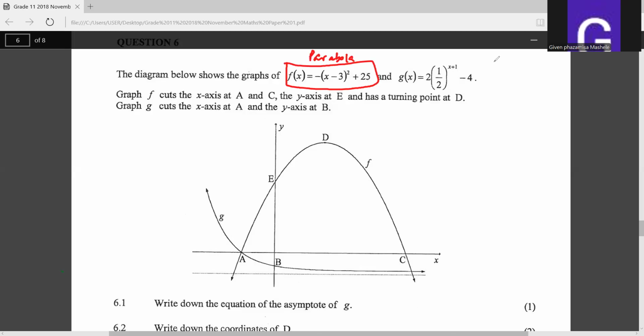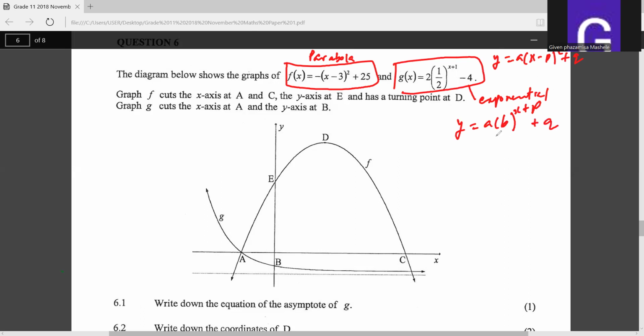This parabola is in the form of y equals a into x minus p squared plus q. Then this one is an exponential, which is in the form of y equals a into b to the exponent x plus p, plus q.